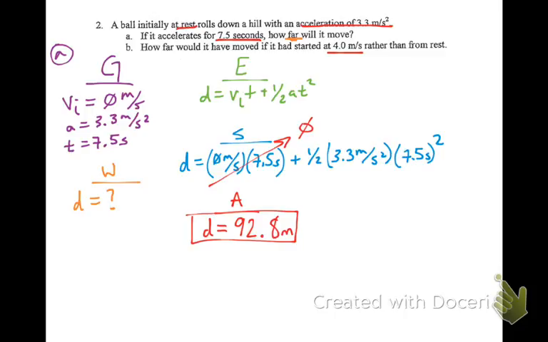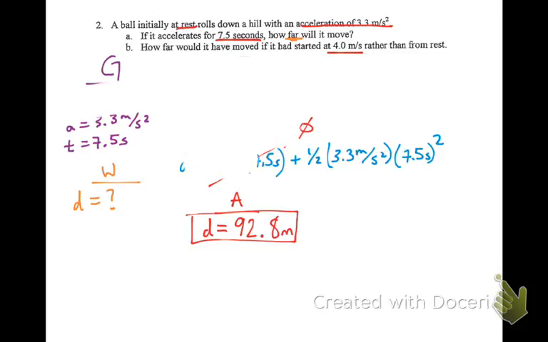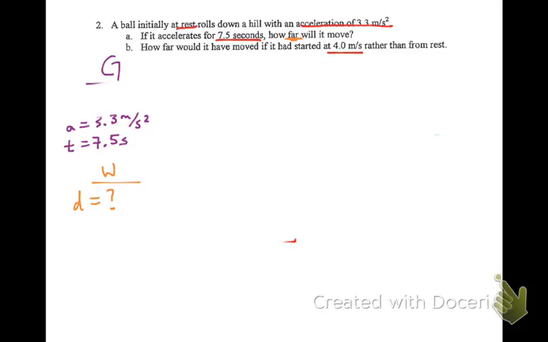Okay, so now for part B, we have to do something a little different. How far would it have moved if it had started at 4 meters per second rather than from rest? So this was how you would do part A. We're now going to start part B. We've got a couple of things that we have to change. Okay. So let's go over how we would do this.